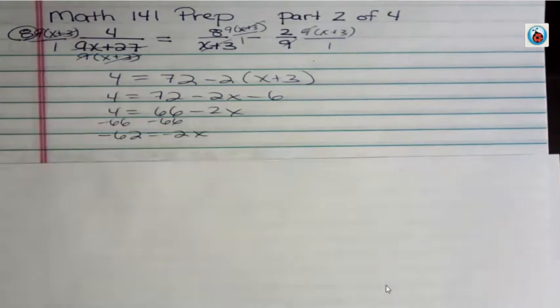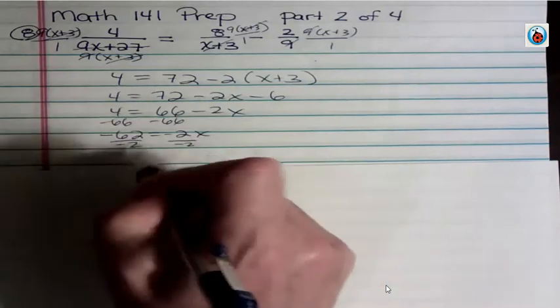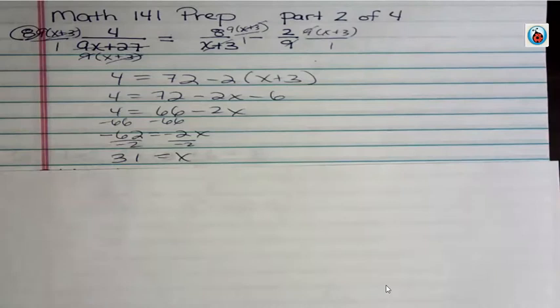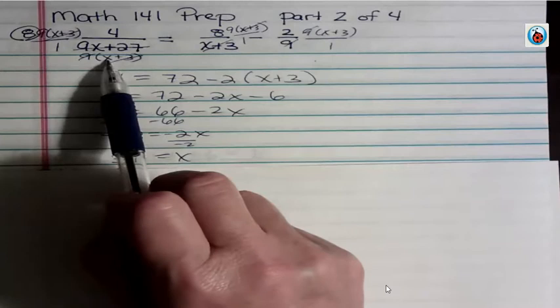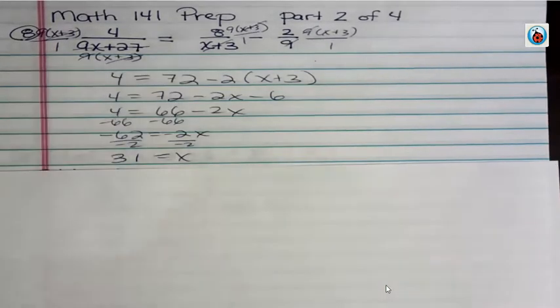And if I divide both sides by negative 2, I get x equals 31. And that's okay, because the only problem I would have had is if I got x equals negative 3, right? Because negative 3 plus 3 would have been 0. So x equals 31 is not a problem. It's not a restriction for our problem, so we're okay with that one.